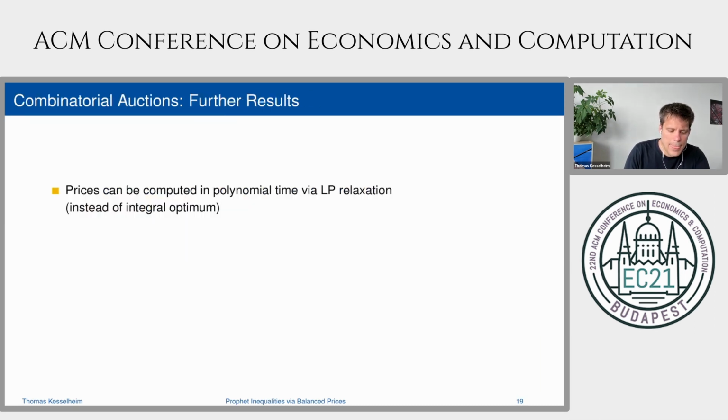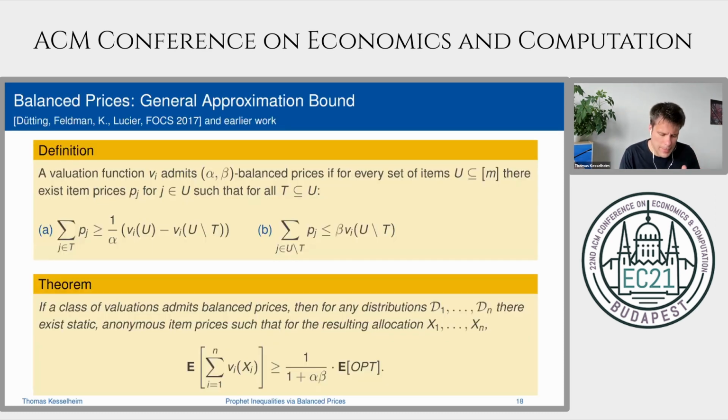So what is it that we've seen so far? We've seen this general result for combinatorial auctions: if your valuation functions admit balanced prices, then you can actually get a good approximation to the optimal social welfare.